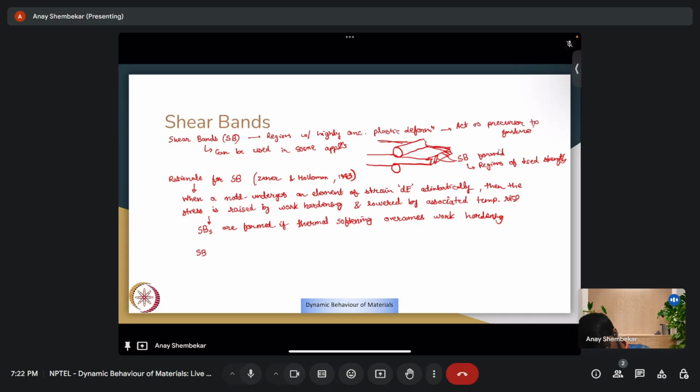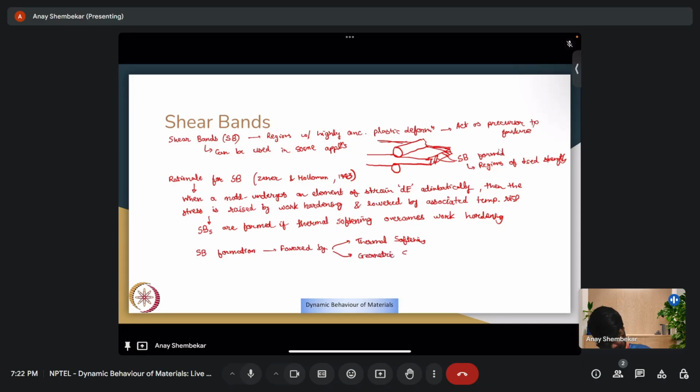So, shear band formation: what helps, what doesn't help. It's favored by thermal softening and geometric softening.